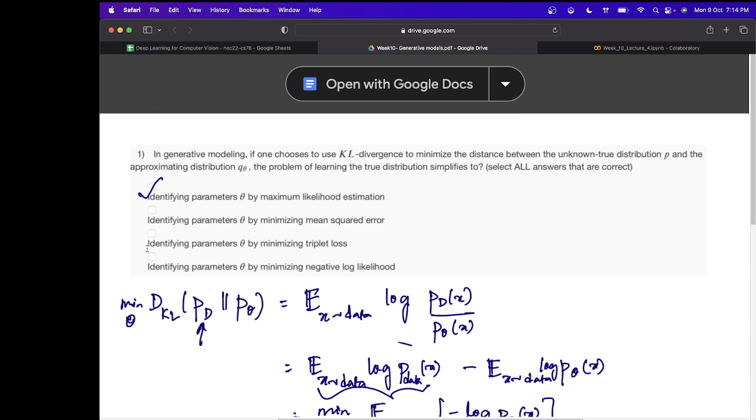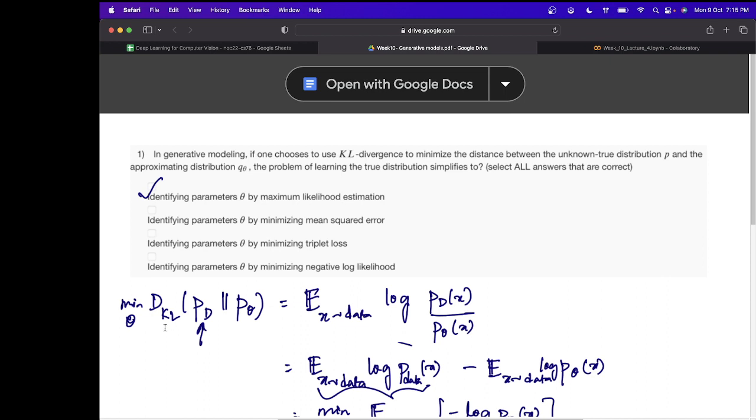That is calculated by this KL divergence loss. We have a true distribution and an approximate distribution, and in the question, we are choosing the KL divergence to minimize this particular distance. So this is what we want.